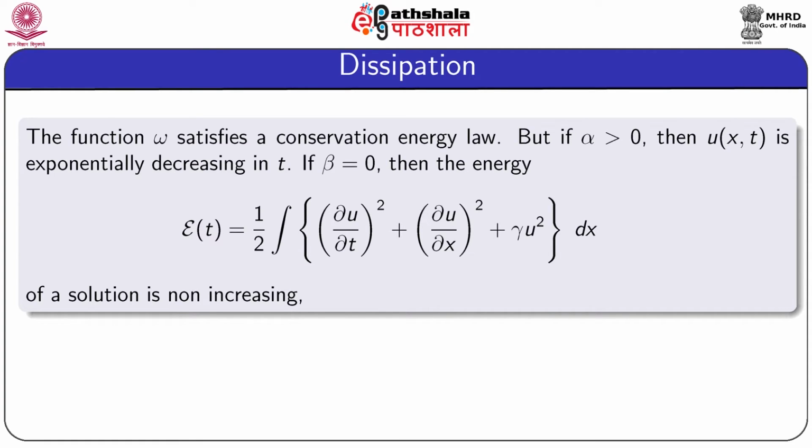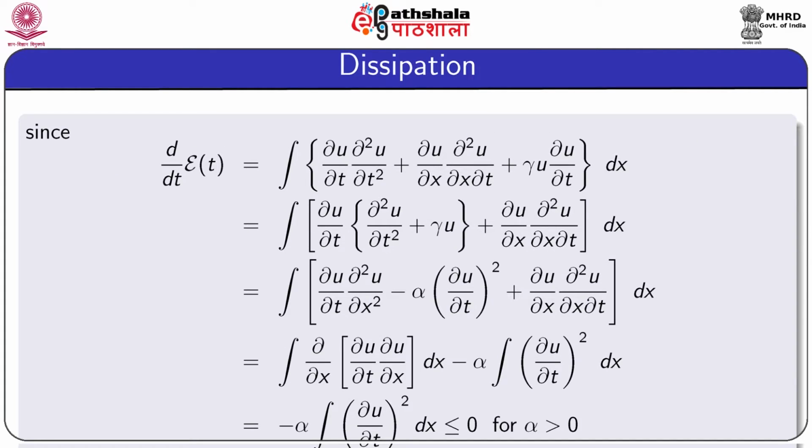Now, if you take the time derivative of the energy, here we have taken the derivative of u. So, the right hand side is ∂u/∂t ∂²u/∂t² + ∂u/∂x ∂²u/∂x∂t + γu ∂u/∂t.